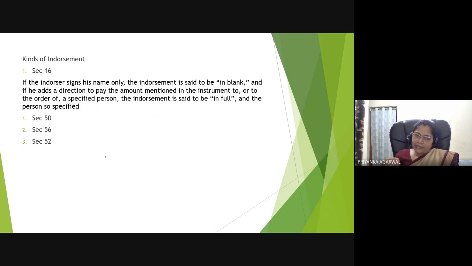Now this C has handed this instrument over to D. Now tell me how this blank instrument can be converted into a full endorsement. Suppose C has signed it and just handed it over to D. How will D convert it into a full endorsement?